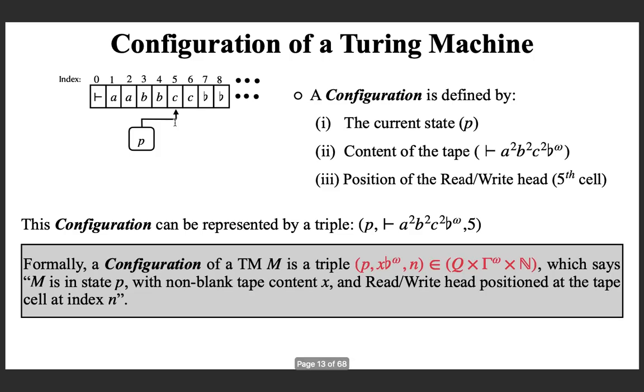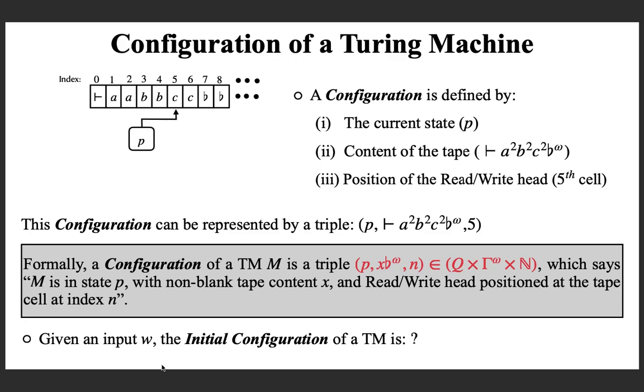More formally, a configuration of a Turing machine M is a triple (P, X blank to the power omega, N), which says that the machine M is in the state P with non-blank tape content X, because after X you have only blanks, and the read write head is positioned at the nth index in the tape. I hope it is okay.